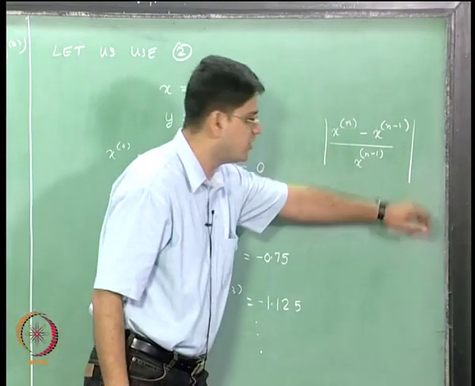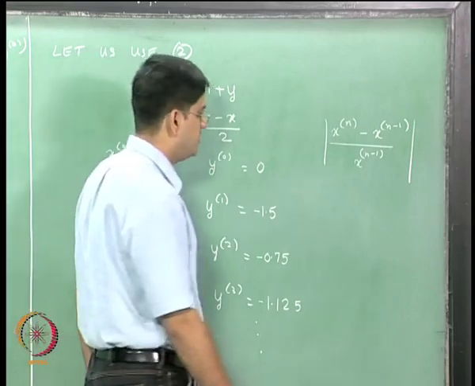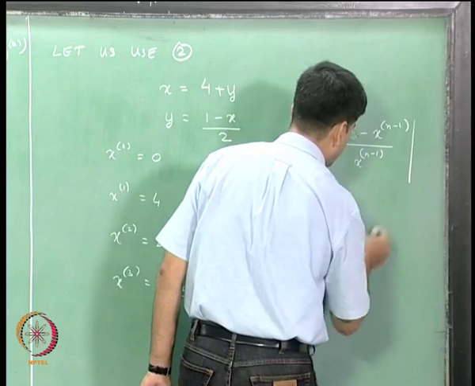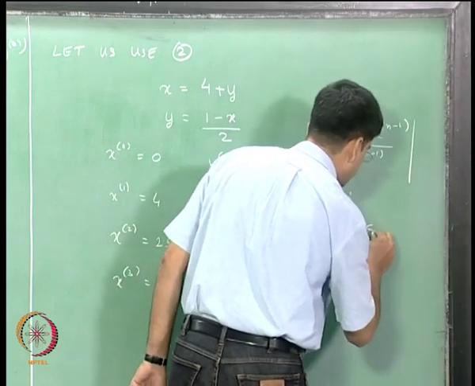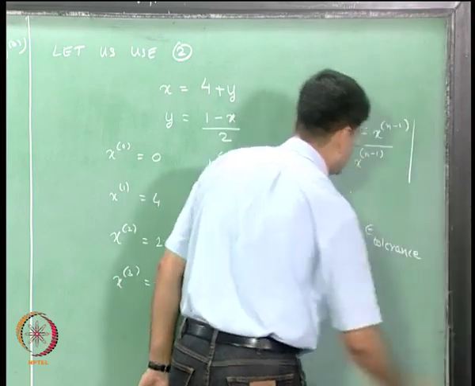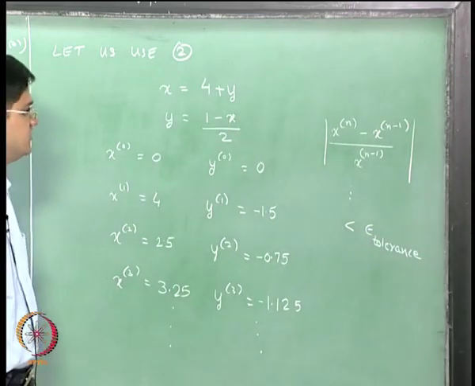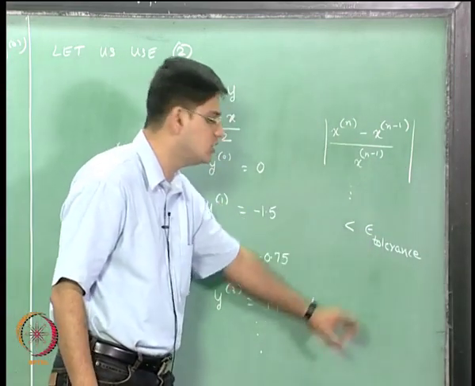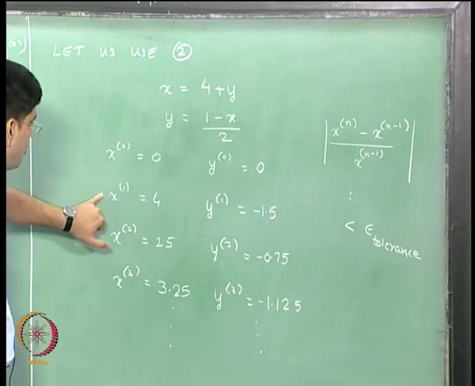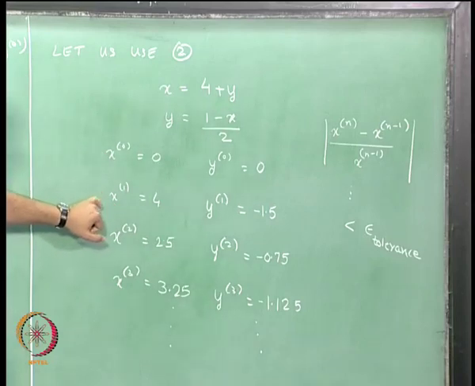This was our approximation error, and we do that for all of the variables, and if this value turns out to be less than some tolerance value that we specify, at that particular condition we say that our overall iterations have converged. For example, in this case x0 has changed from 0 to 4, that is a pretty large change that we observe.